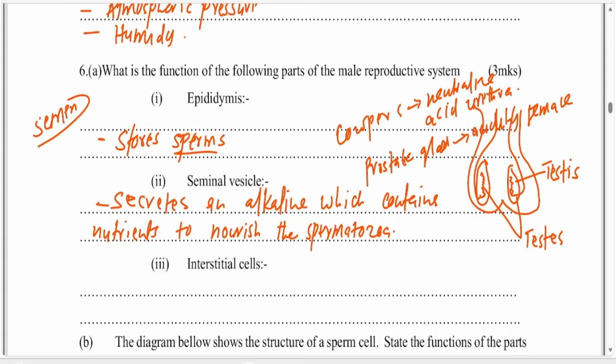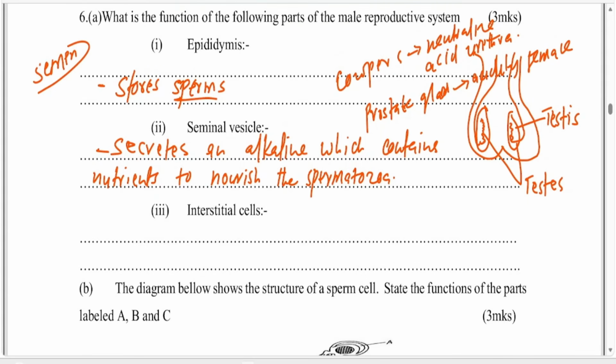So we can say the interstitial cells secrete the male sex hormone, which is testosterone.